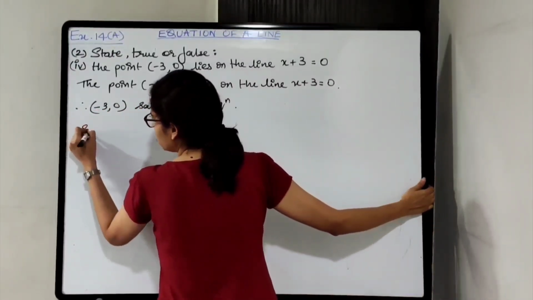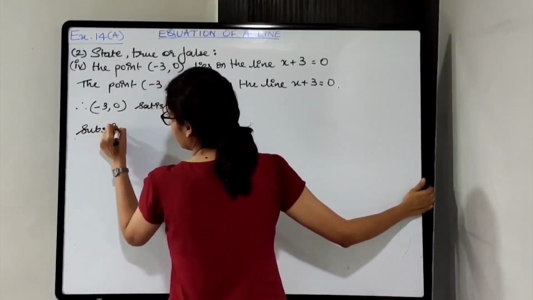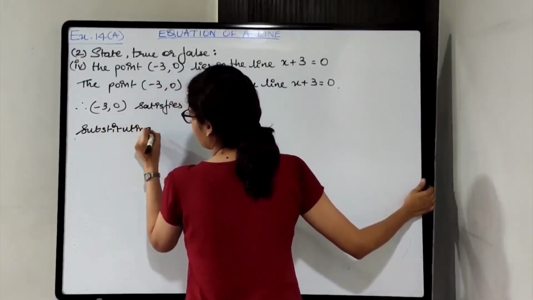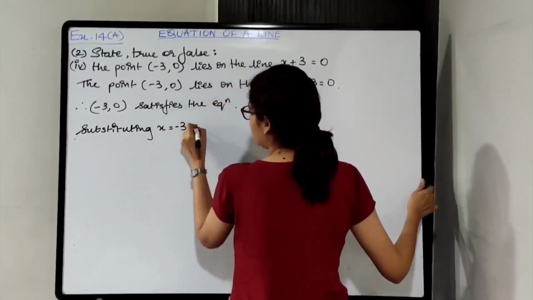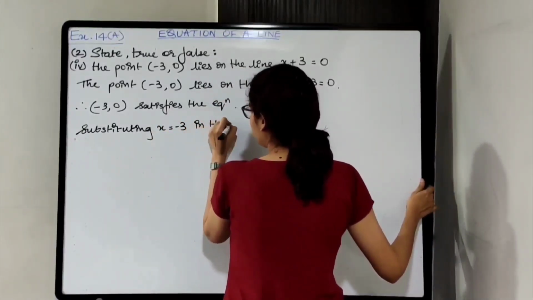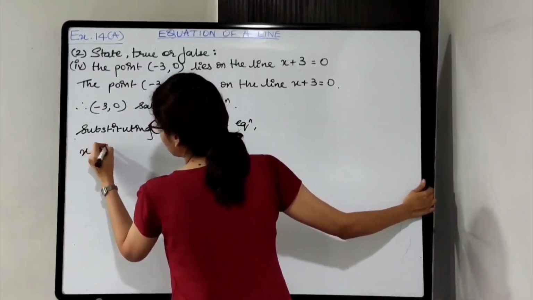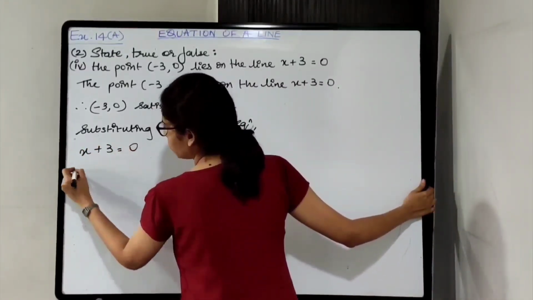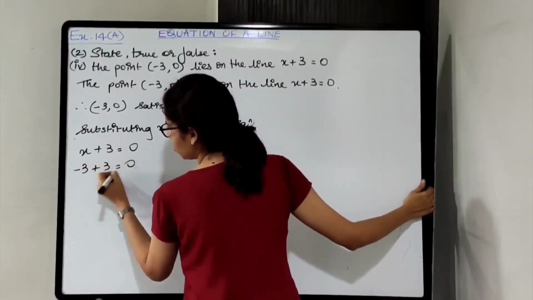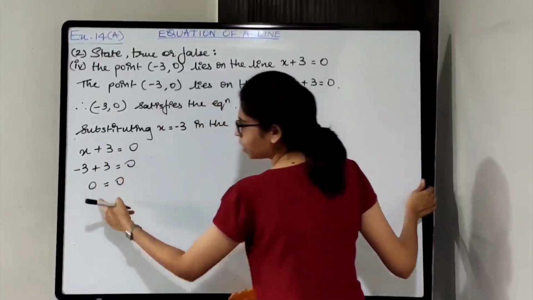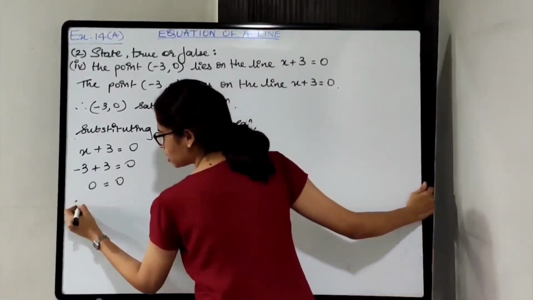So substituting x equal to minus 3 in the equation. So x plus 3 equal to 0 is the equation. So minus 3 plus 3 is equal to 0. That is 0 is equal to 0. Therefore we are getting LHS equal to RHS.